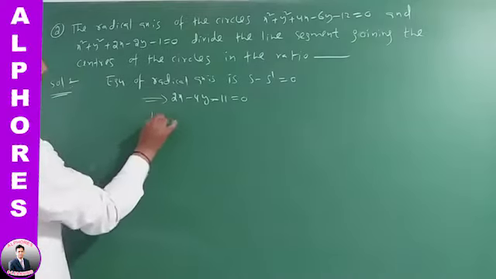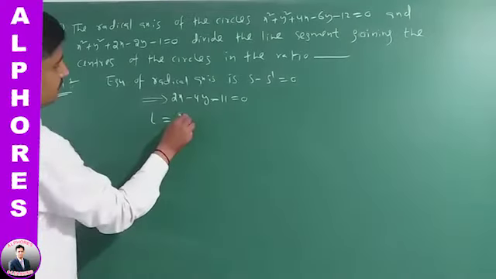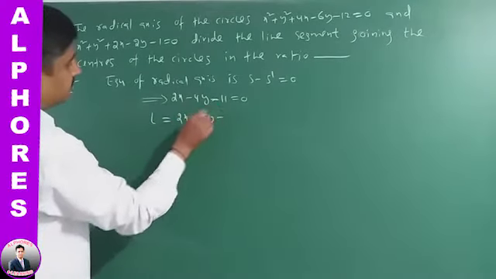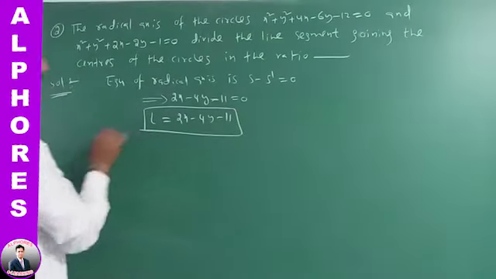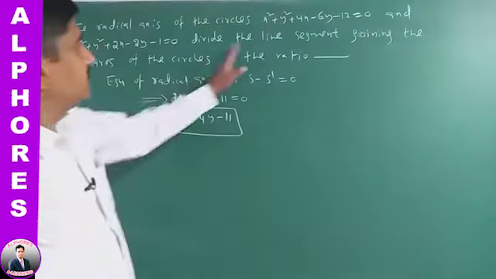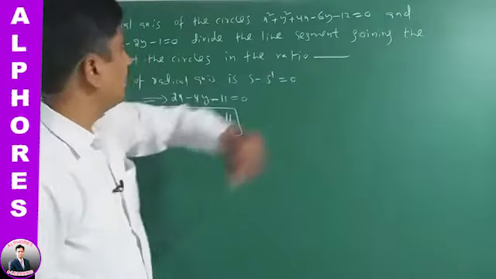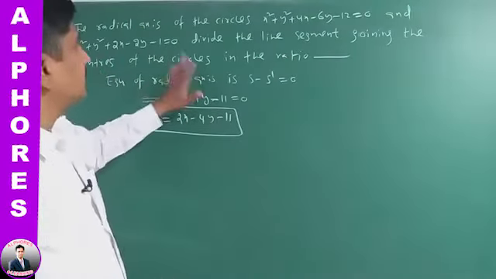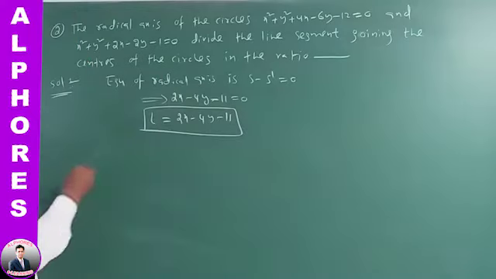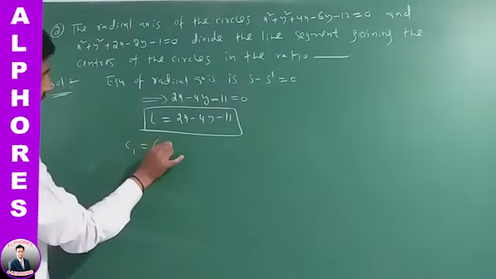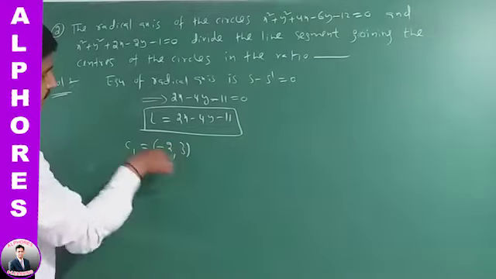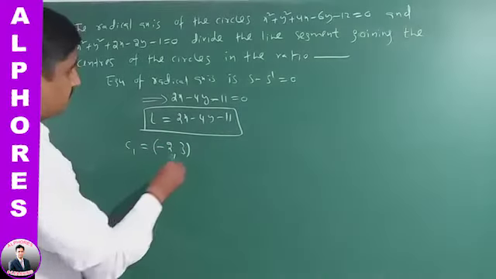Let it be L. L means 2x minus 4y minus 11. Here the question: the radical axis divides the line segment joining the centers of the circles. The center of the first circle, C1, is (minus 2, 3).